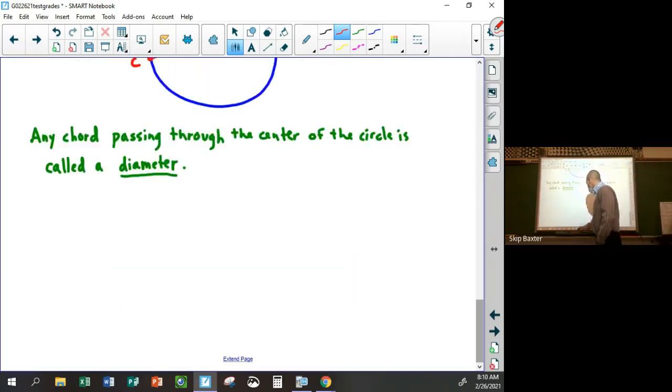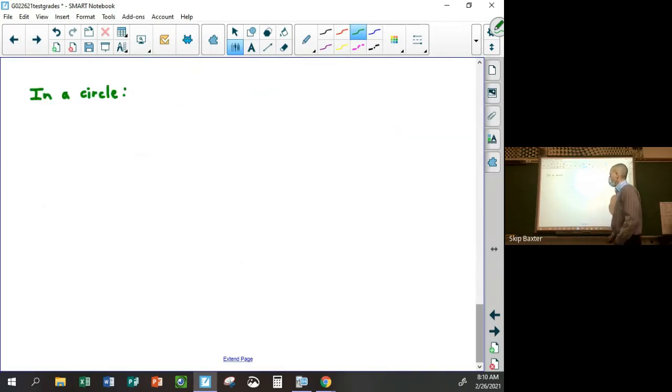Okay? So there's an important fact that deals with chords. And it goes like this. In a circle, I'm going to use kind of like a symbolic notation here.